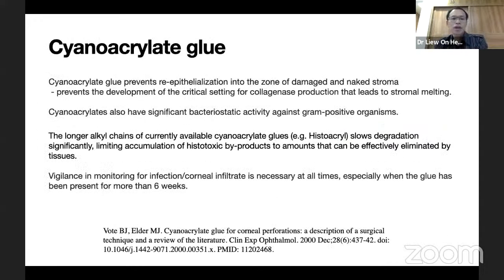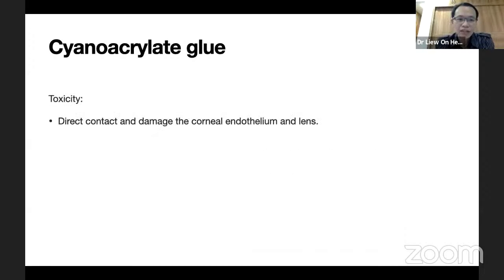In short, cyanoacrylate can prevent further corneal meltdown, prevent collagenase production from the necrotic tissue, and also has significant bacteriostatic activity against gram-positive organisms. However, some infiltrates in infective cases can still worsen even after gluing. The glue also has side effects: direct contact may damage the corneal endothelium and lens.